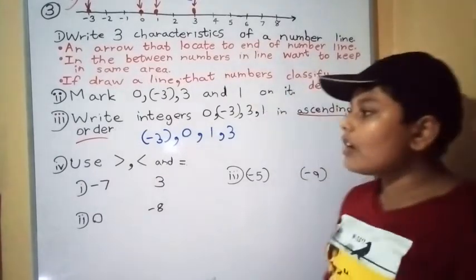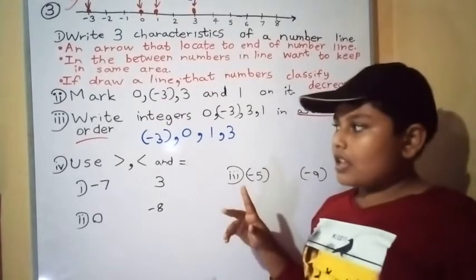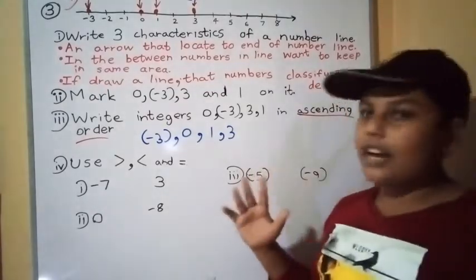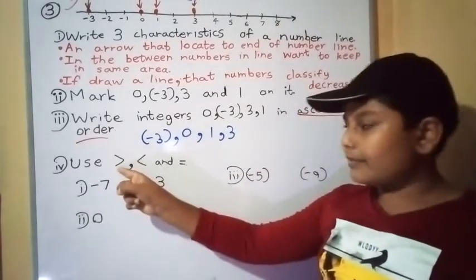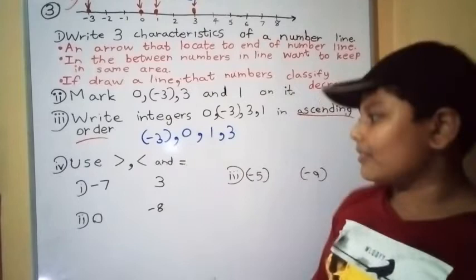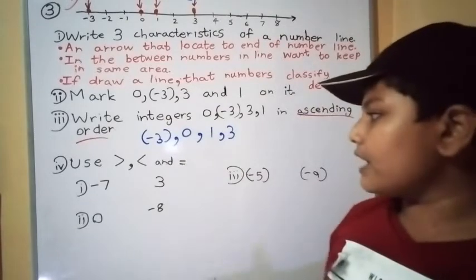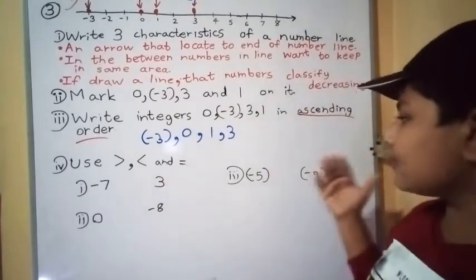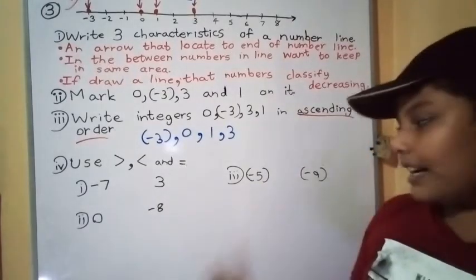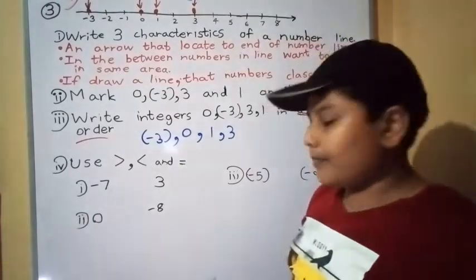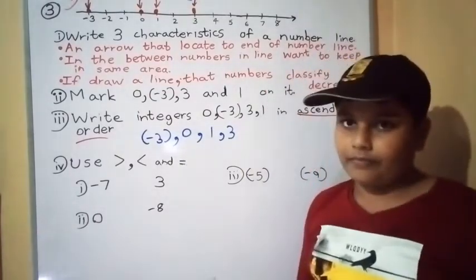Now fourth one, you have to use the inequality signs. 3 inequality signs: greater than, less than, equal. Now you want to find: is it greater than, is it less than, or equal, right? -7, 3.